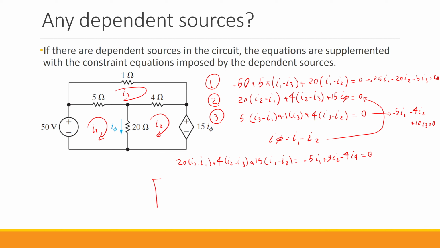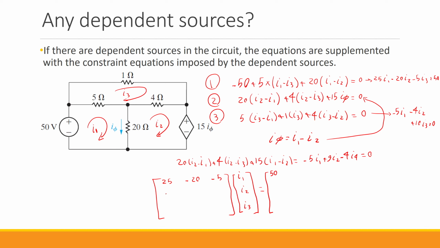So if I write it in the matrix form, we have 25, negative 20, negative 5, this one is I1, I2, I3, and it is equal to 50.